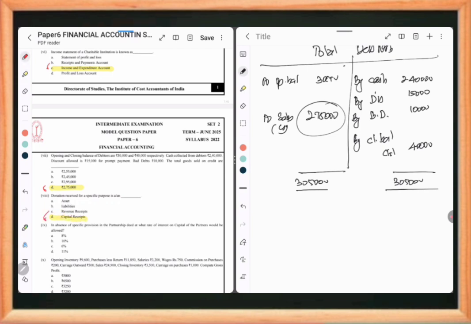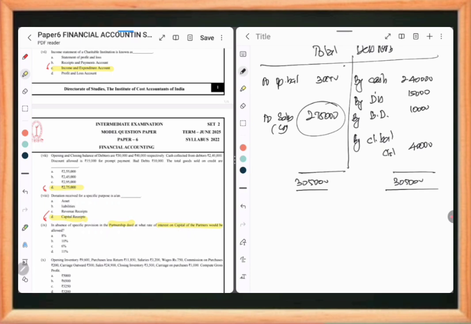And then, in the absence of specific provisions in the partnership deed, at what rate would interest on capital of the partners be? If the partnership deed is silent, no interest on capital and no interest on drawings will be provided; only interest on loan will be provided. There may be some mistake in this question.